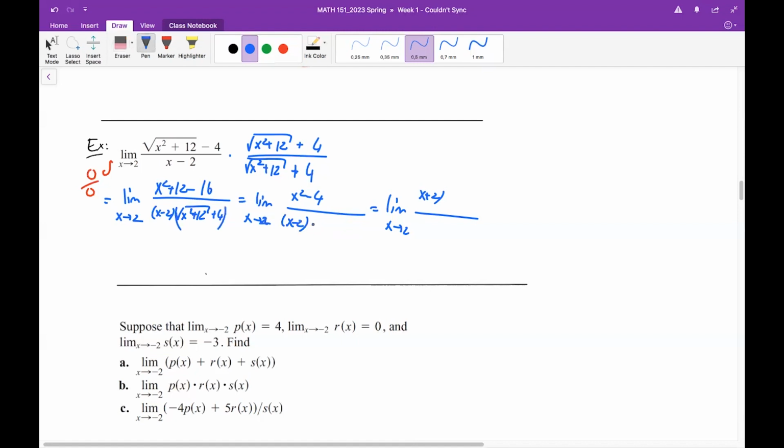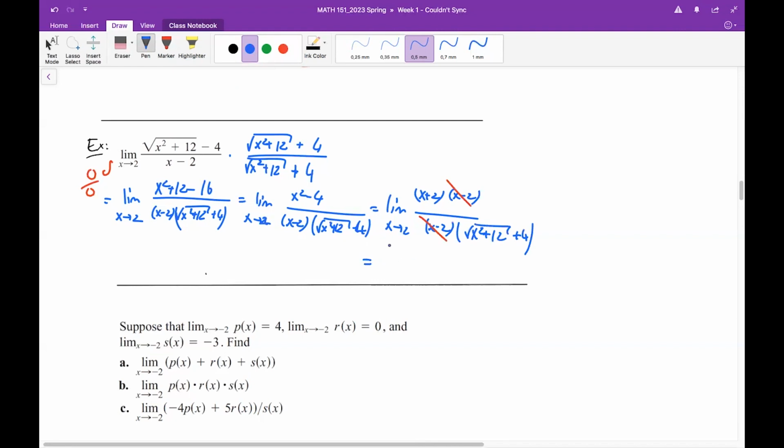Okay, maybe I should write it like this: the square root of x squared plus 12, plus 4. Now I was decomposing that like this: x minus 2 and square root of x squared plus 12 plus 4. Okay, now I am ready to simplify. This helps me to get rid of this 0 over 0 indeterminate form. Then I will be safe to insert my number.